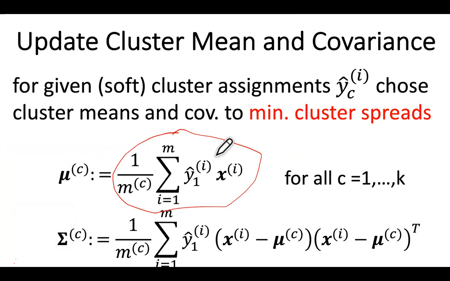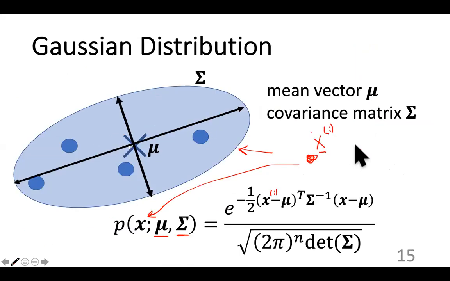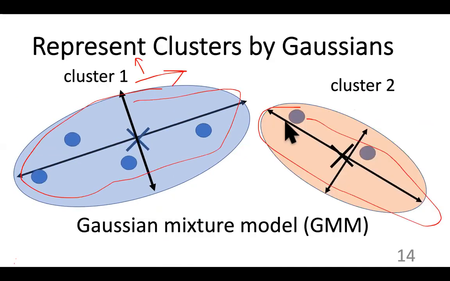So we weight each data point by the degree of the data point belonging to cluster 1. Okay, so this here should be C. I have to correct this also, and this should also be C. So this formula applies to all clusters, for cluster index C equal 1 to cluster index C equal K. Okay, so these cluster means and covariance matrices are chosen to minimize the cluster spread.